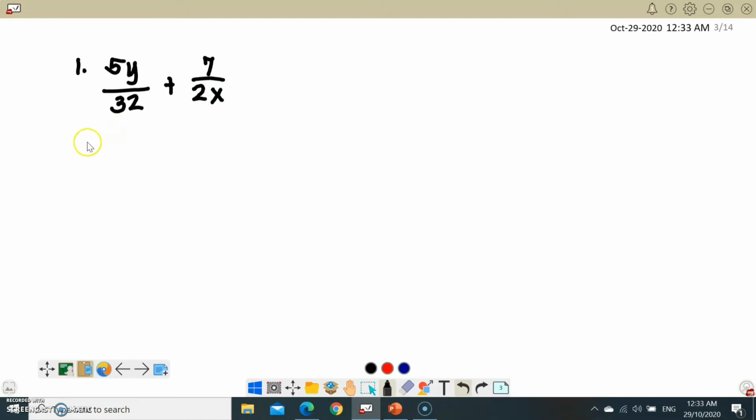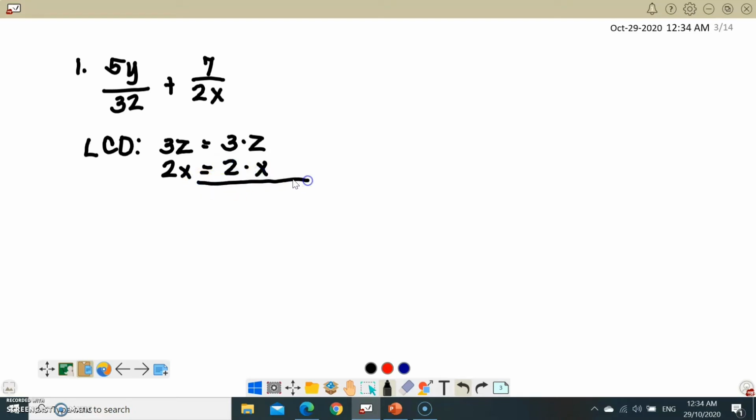First things first, we need to find the least common denominator. To find the LCD, we need to find the factors of 3z and 2x. What are the factors of 3z? We have here 3 times z. How about 2x? We have 2 times x.